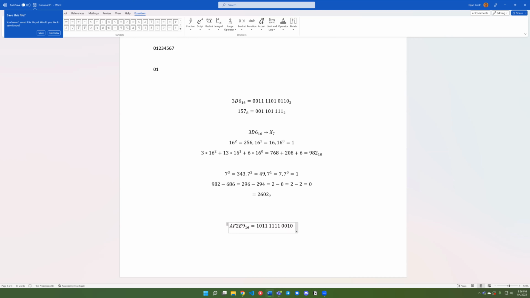E represents 14, so we have an 8 plus 4, which is 12, plus 2, which is 14, plus 0. And then 9, we have an 8, no 4s, no 2s, and a 1. All right, and so this is our number, very easily converted into binary. And this is the first part of the question. We can go ahead and validate that it worked.